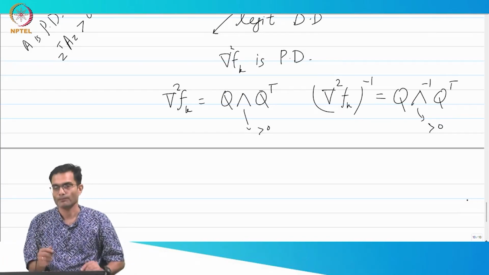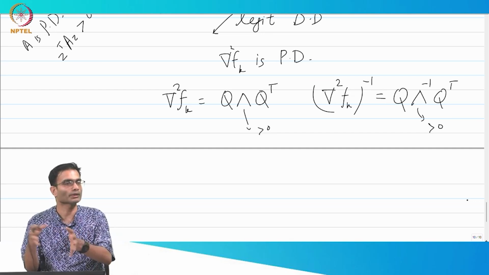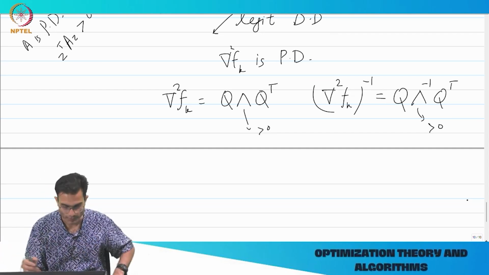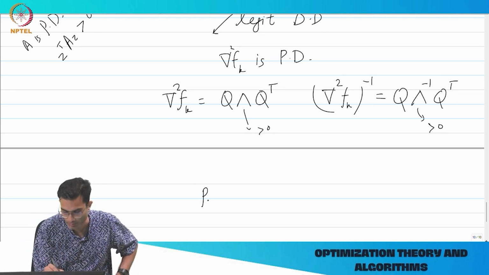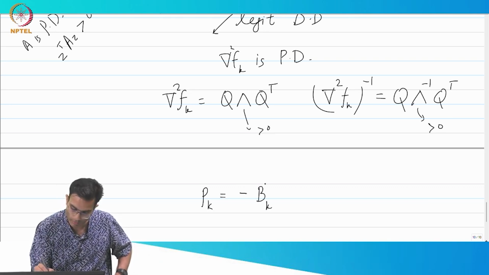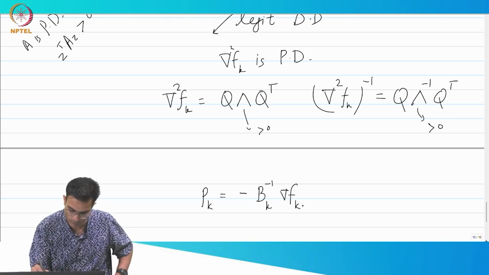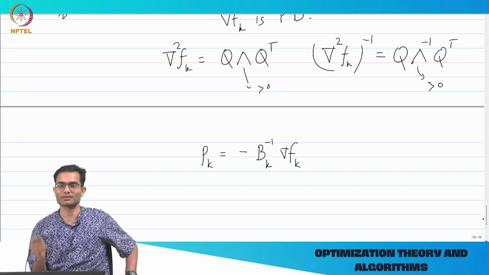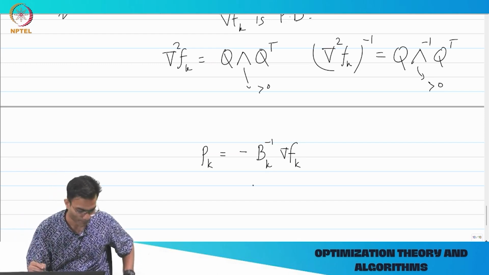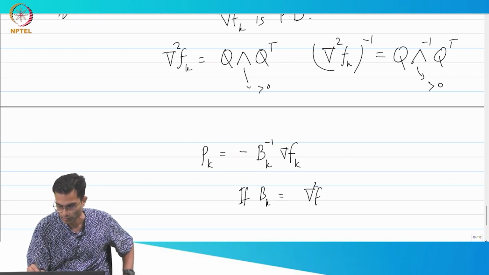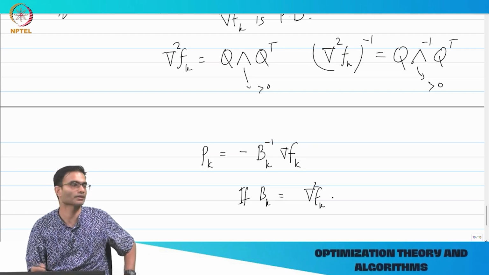So I've mentioned Newton and Newton-like methods. Now I'll just introduce a little bit more terminology. What you will find in most of the literature is that this pk is written in the following way. Instead of writing the Hessian explicitly, the term given for it is bk, and if this bk is equal to the Hessian, we say of course this is the Newton method.